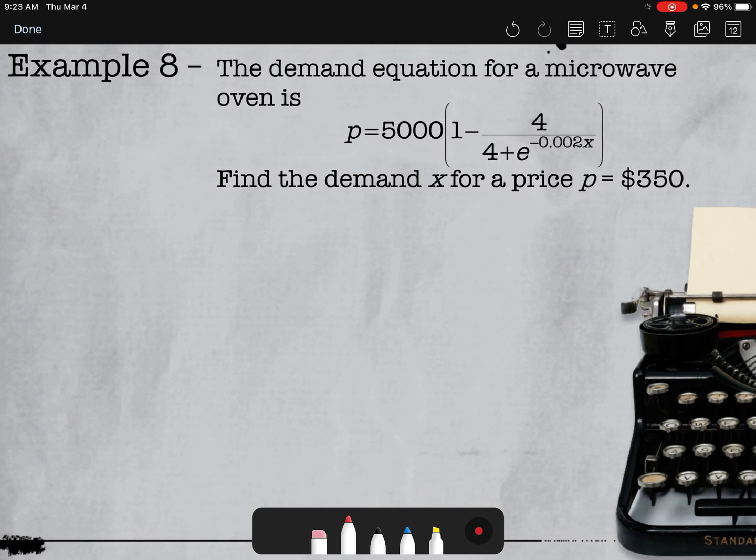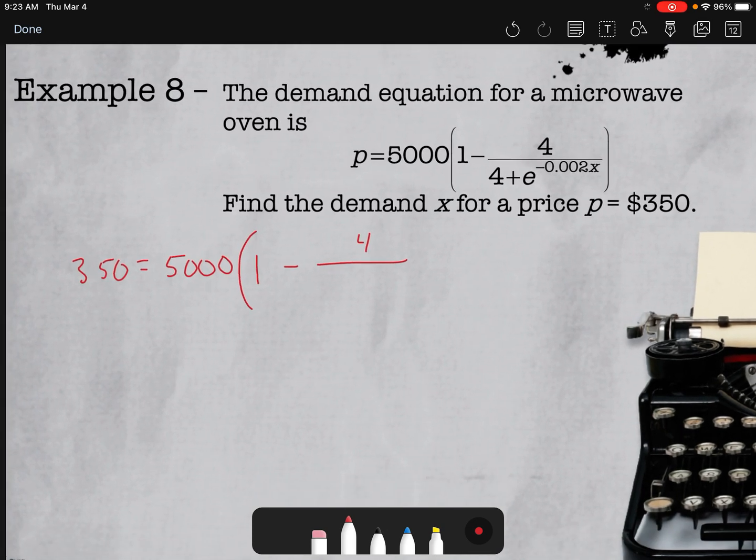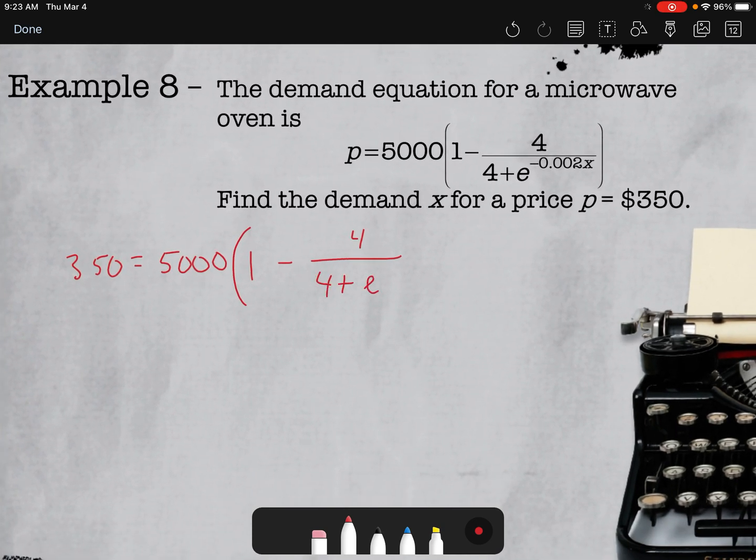Okay. The demand equation for a microwave oven is that. Find the demand x for a price p of $3.50. All right, so 3.50 equals 5,000 times 1 minus 4 over 4 plus e to the negative 0.002x. What are we going to use? You're right. We're going to use natural log, aren't we? Now, I'm going to start by dividing by 5,000.